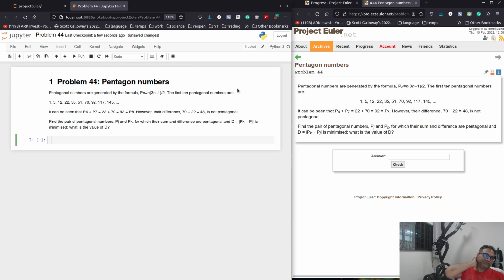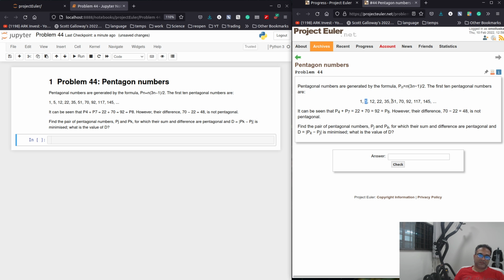All right, let's take a look at the problem. Pentagonal numbers are generated by this formula, similar to what we have seen previously. The first 10 pentagonal numbers are these. If you put in 1, 2, 3, 4 and so on: 3 times 1 is 3, minus 1 is 2, divided by 2 is 1.